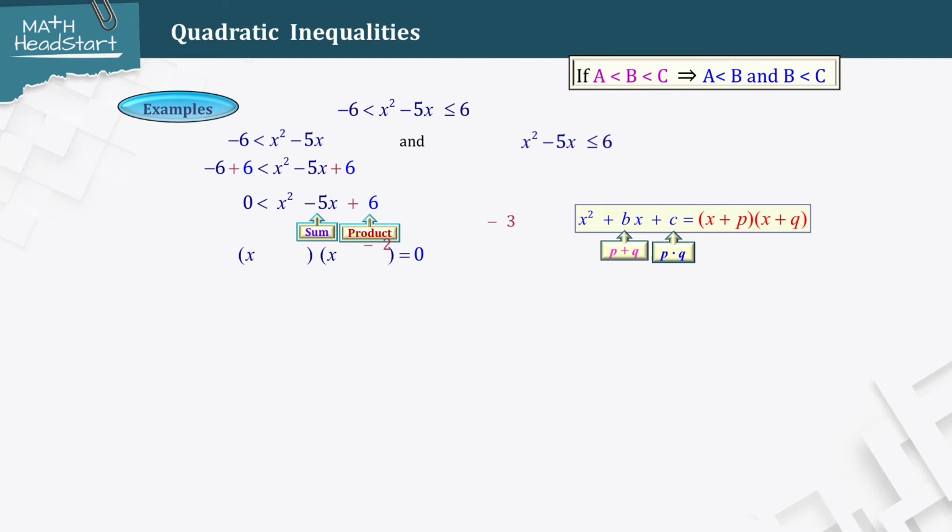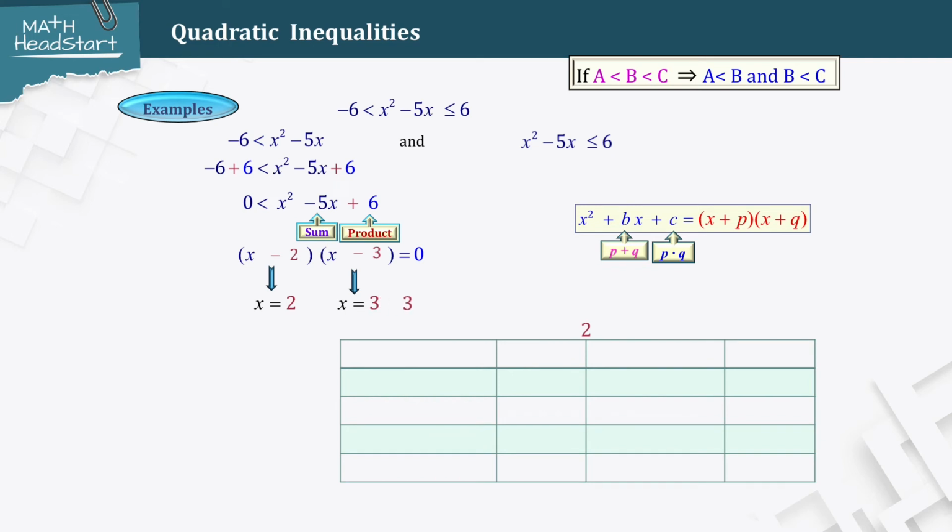Let's place each value inside of each bracket to complete the factoring process. Then find the roots by letting each factor equal 0. We find two roots as 2 and 3 in this manner. Let's make use of these roots to create the intervals.